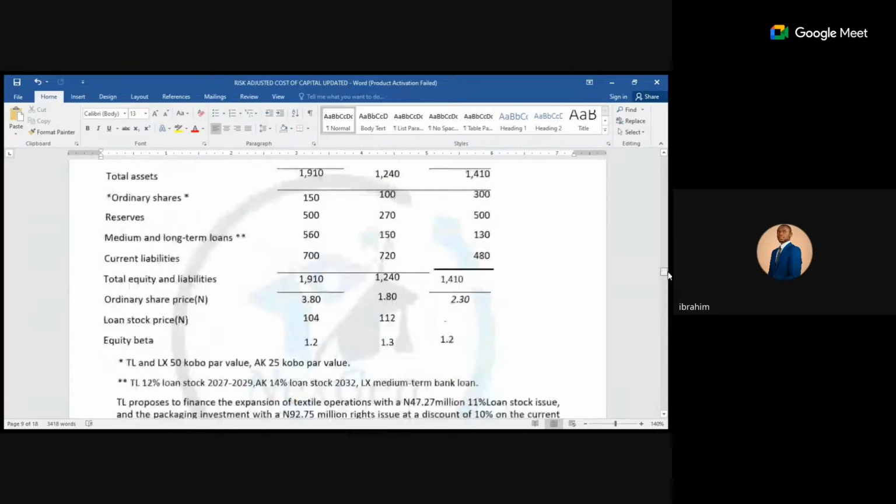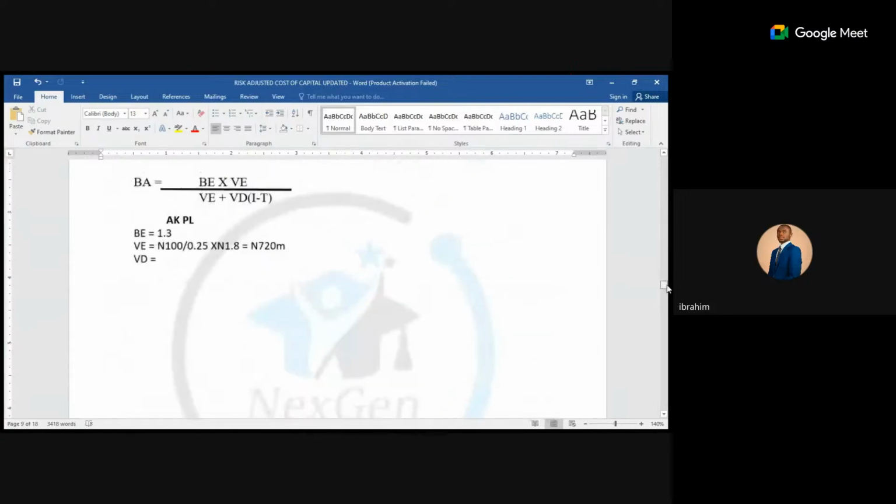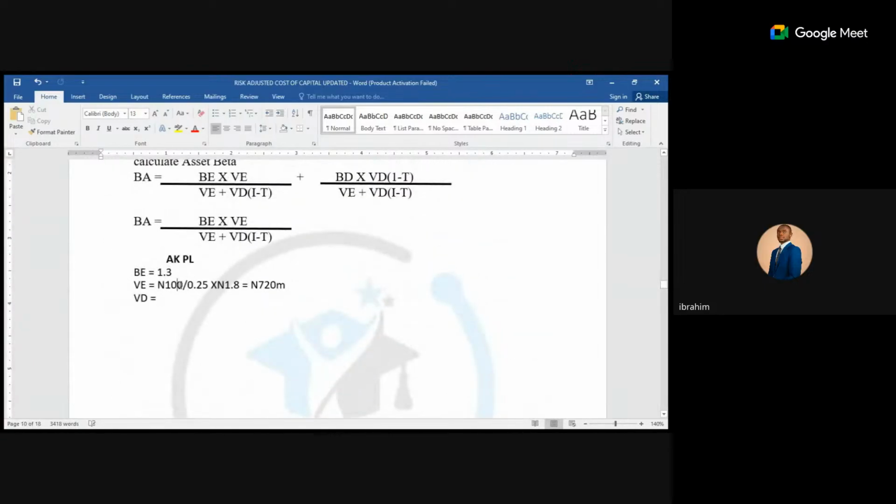150 divided by the nominal value, assumed to be 100, times the market price of the loan notes, 112.